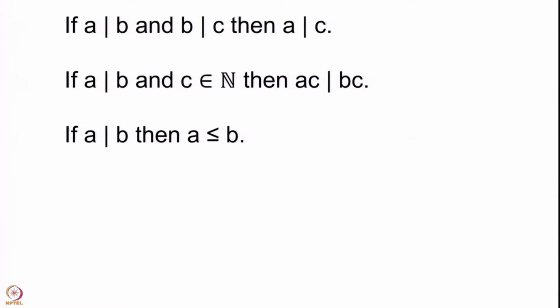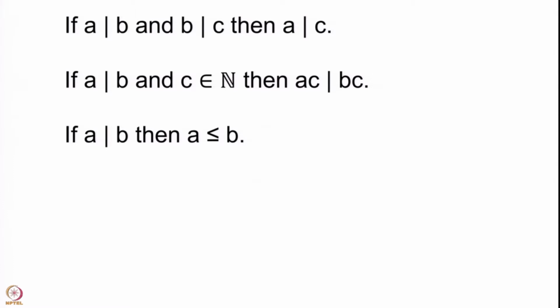It says that if you have A dividing B and B dividing C, then A divides C. This is encoded by saying that the order relation is transitive. If A divides B and B divides some another natural number C, then A should divide C.